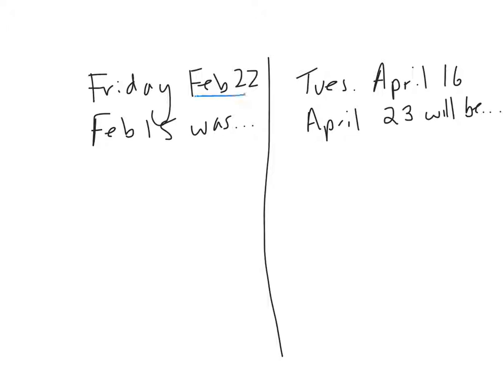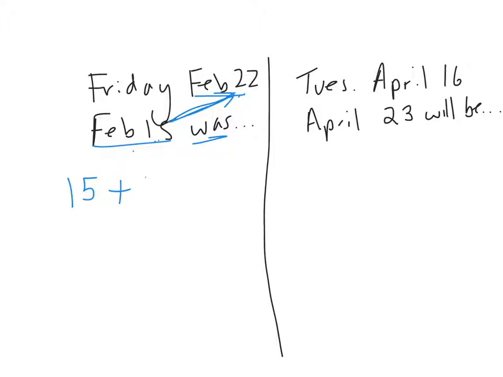Friday, February the 22nd. February 15th was, well, if you look at this date here, we've got the 22nd and the 15th. If you can do some easy math in your head, you know that from 15 to 22 is exactly 7. 15 plus 7 is 22. So you can just write that down. You don't have to make a calendar that goes back from February 22nd on Friday back to February 15th.